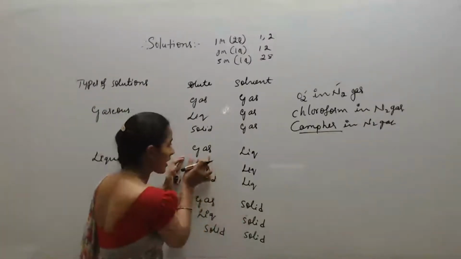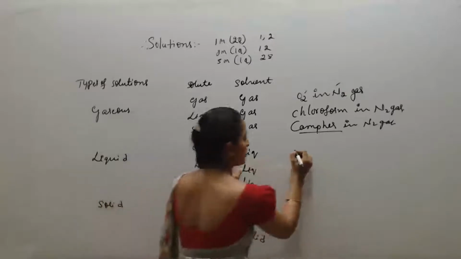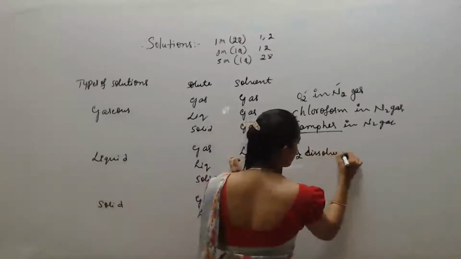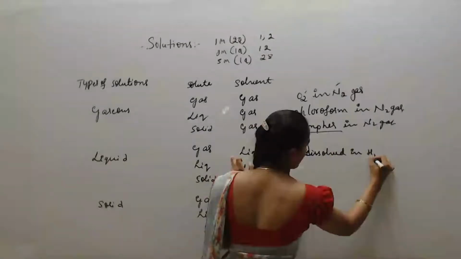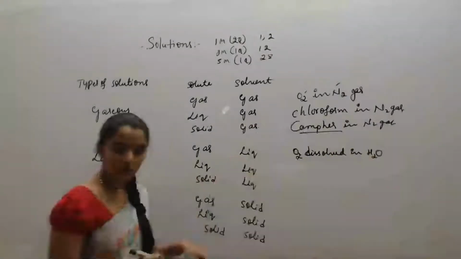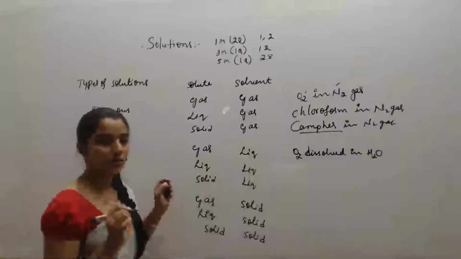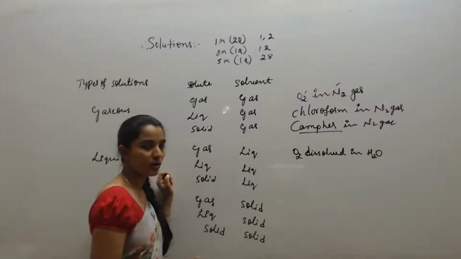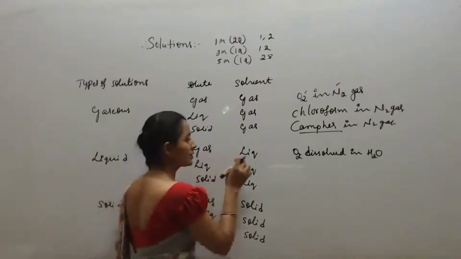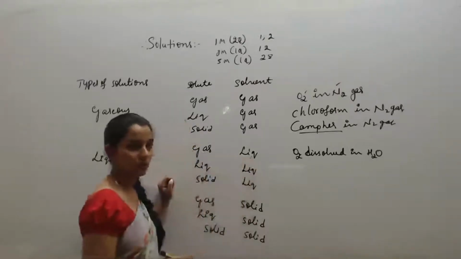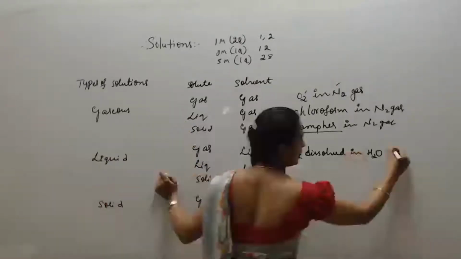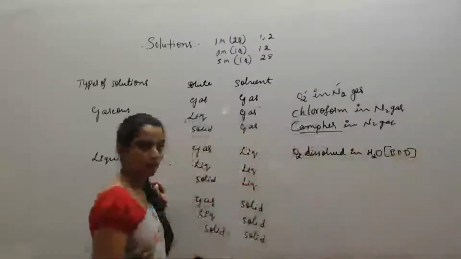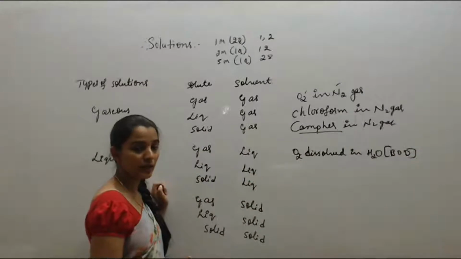So the next one is gas. Here solute is gas, solvent is liquid, that is O2 dissolved in water. That is oxygen, H2O, hydrogen is also there, oxygen is also there. Either hydrogen dissolved in water or oxygen dissolved in water is the example of gas liquid solution. So you know the biological oxygen demand which we require for aquatic animals, which is less than 5, correct?